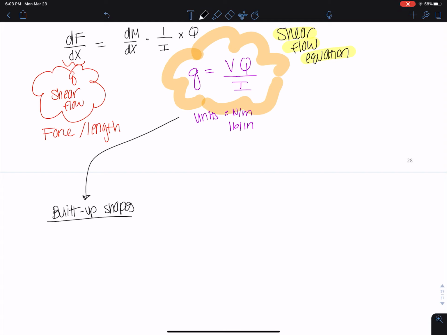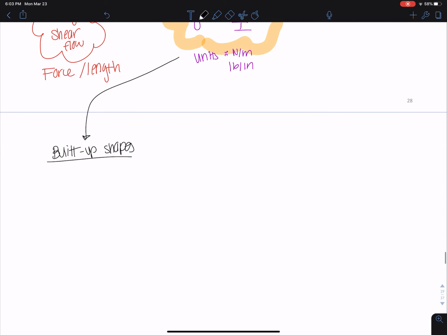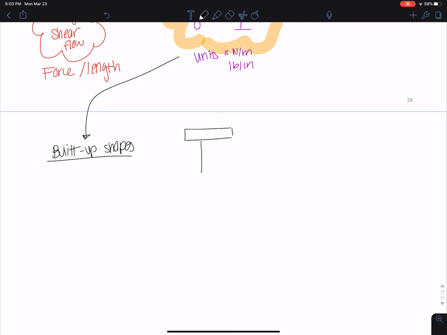What is a built-up shape? Let's say, for example, I wanted to build an I-beam from 3 steel plates. I wanted to build these together, something like this. Another steel plate, another steel plate. How much would I need to weld this together?